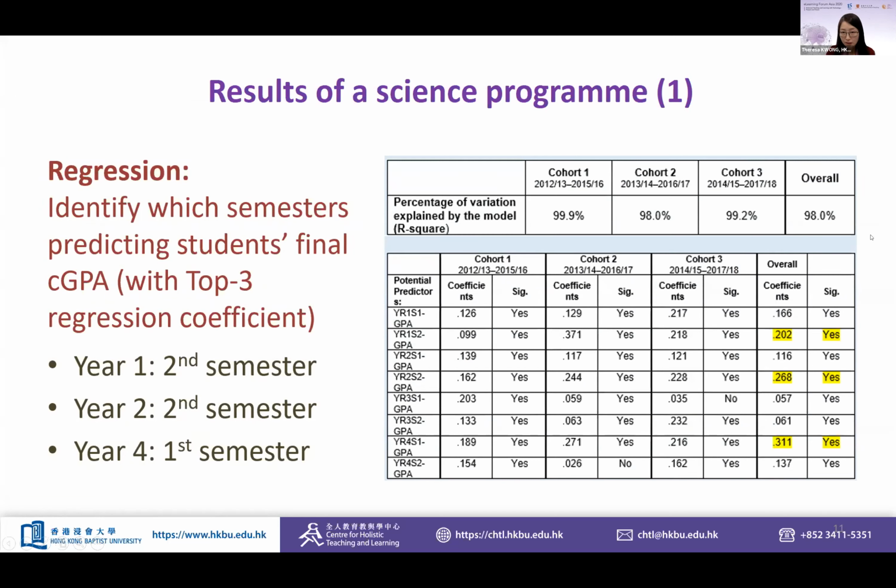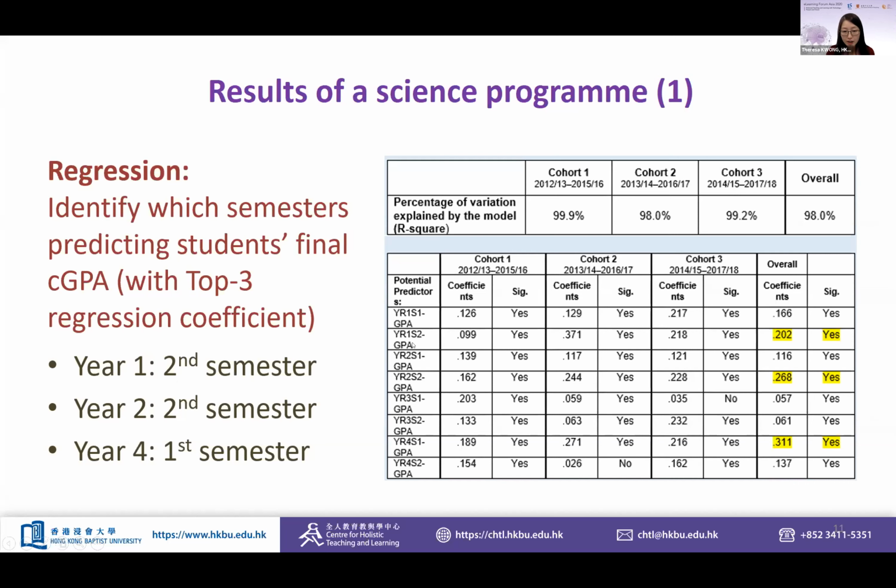Even though it is for this particular program, we find that indeed for the whole university, the majority of the programs have similar results. That is, the year 1 second semester GPA, the year 2 second semester GPA, and the year 4 first semester GPA actually predict the final cumulative GPA.